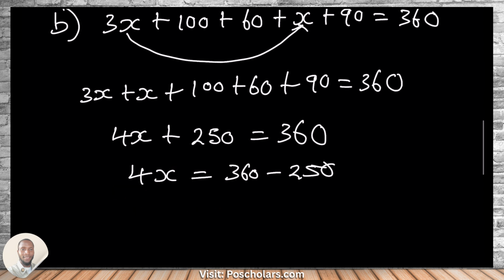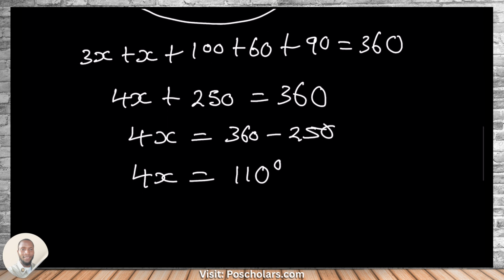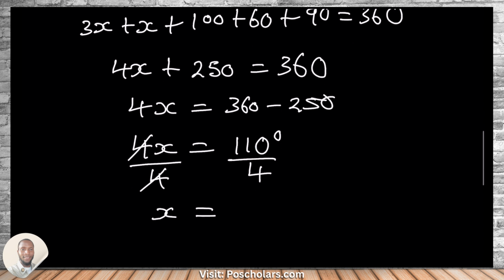So 4x is equal to 360 minus 250, which gives 110 degrees. Now to find x, we divide both sides by 4. The 4 cancels 4 and you are left with x equals 110 divided by 4, which gives, if you punch it in your calculator, 27.5 degrees.